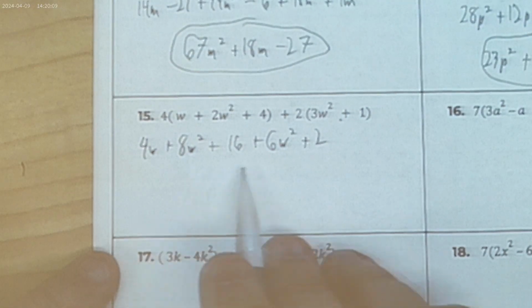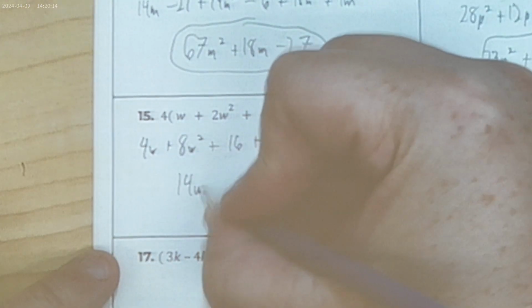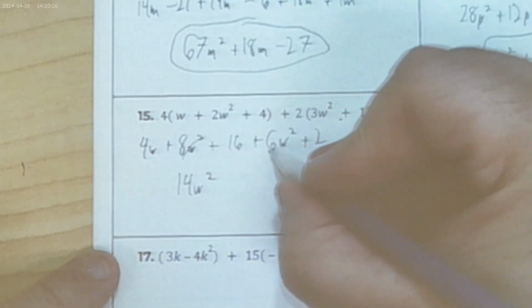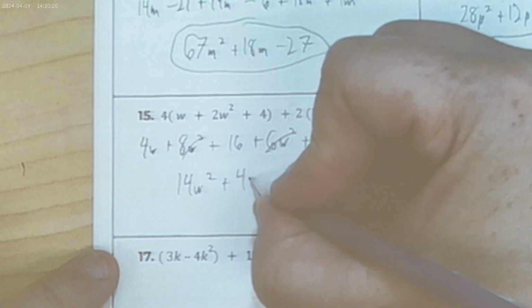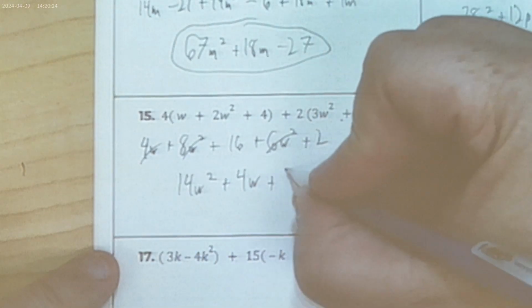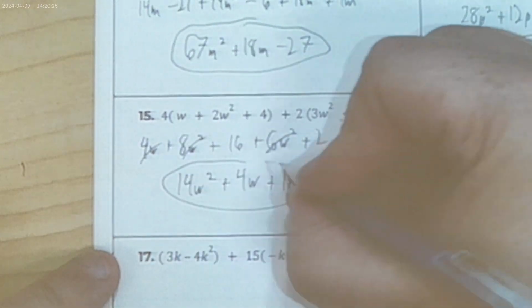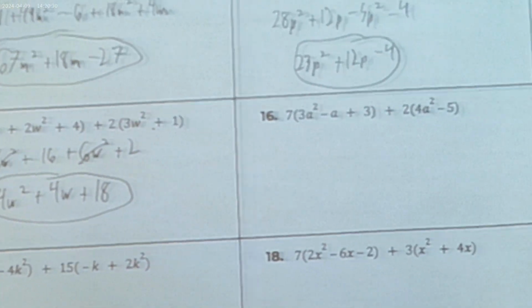So let's see, I've got 8 plus 6w squared, which is going to be 14w squared, 4 plus 4w, and then 16 plus 2 is 18. All right, we're just working through these.